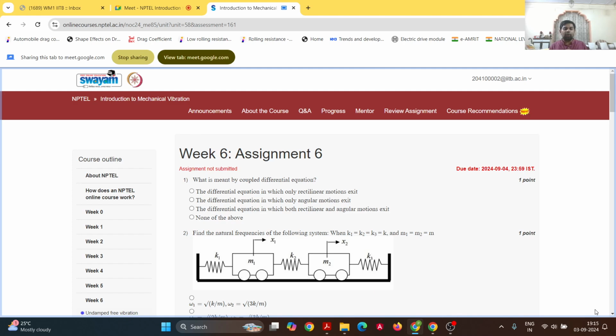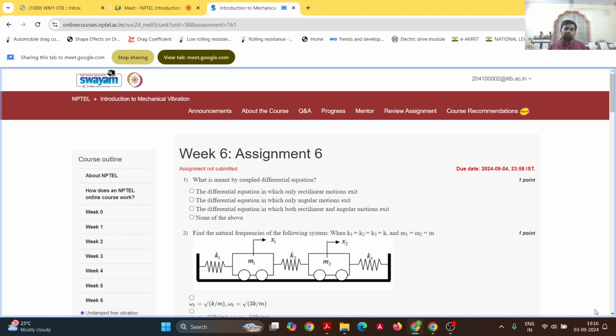for each degree of freedom. Let us say if one degree of freedom is translation and the other is rotation, or both rotation, like a double pendulum, so there is translation plus rotation or whatever.